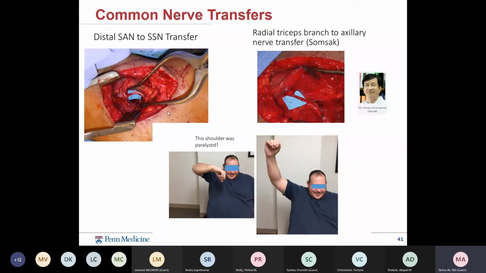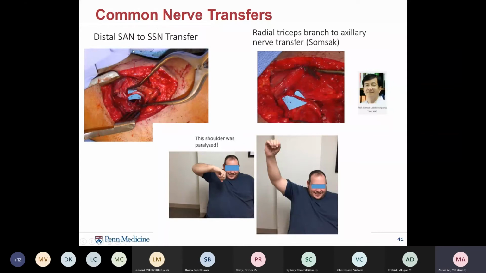Suprascapular nerve is an important nerve for giving you some initial shoulder abduction as well as external rotation. And so it's very important for shoulder stabilization, and many patients with an upper trunk injury will lose this function.